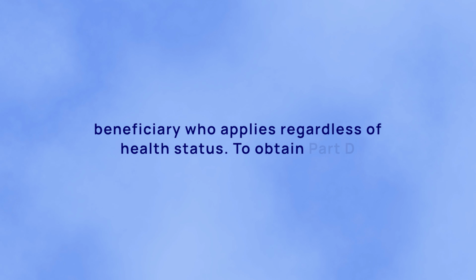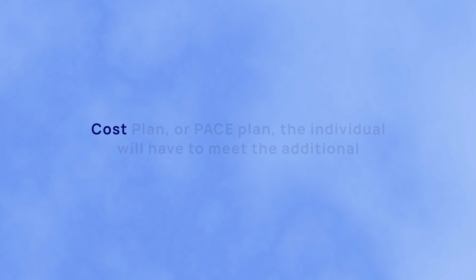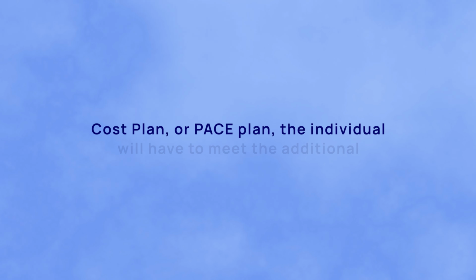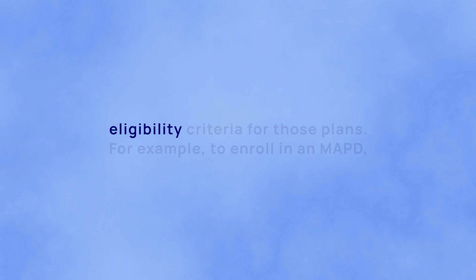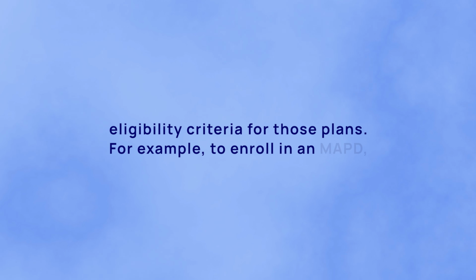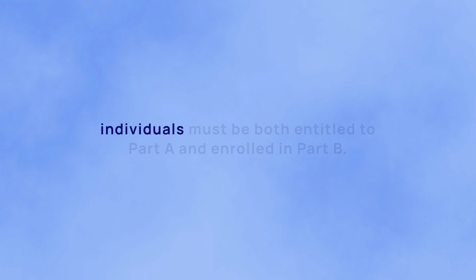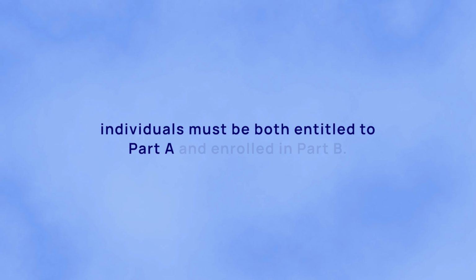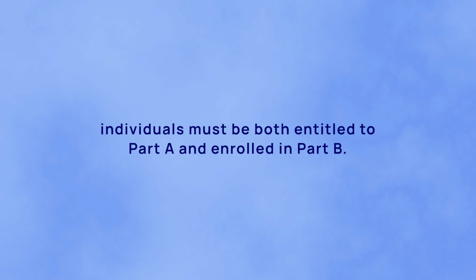To obtain Part D benefits from other types of Medicare health plans, such as an MAPD, Medicare Cost Plan, or PACE plan, the individual will have to meet the additional eligibility criteria for those plans. For example, to enroll in an MAPD, individuals must be both entitled to Part A and enrolled in Part B.